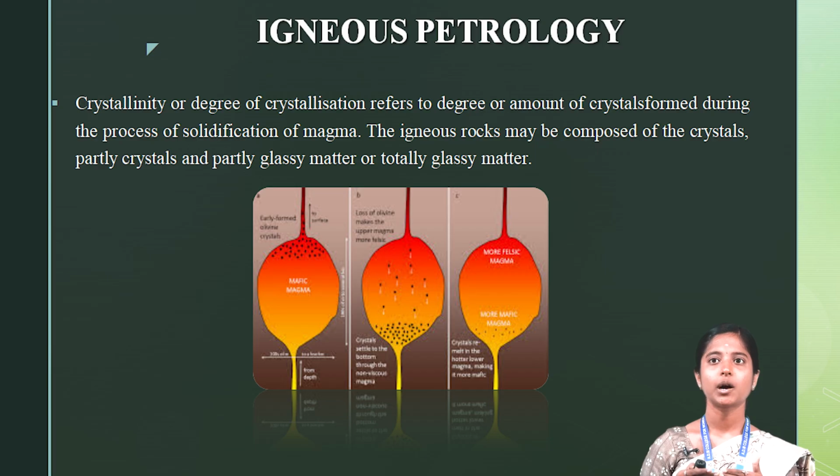The igneous rocks may be composed of crystals, partly crystals and partly glassy matter, or totally glassy matter. The degree of crystallization is measured by the ratio between the crystallized matter and the glass in an igneous rock.